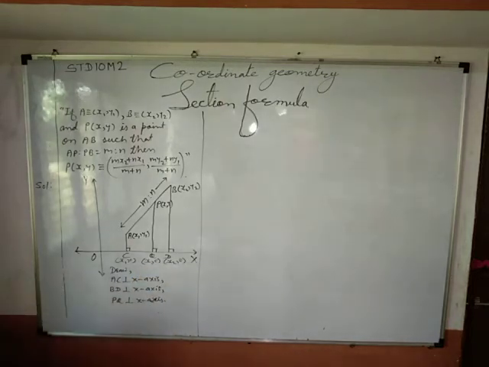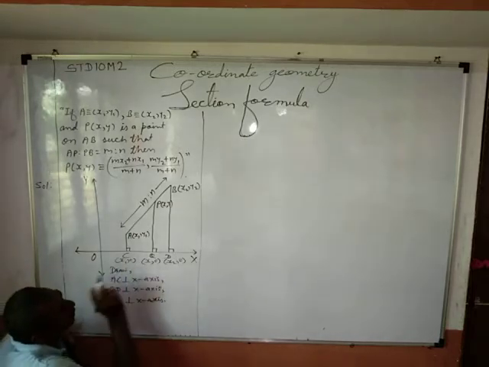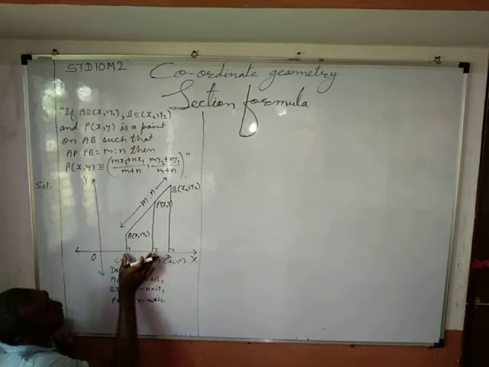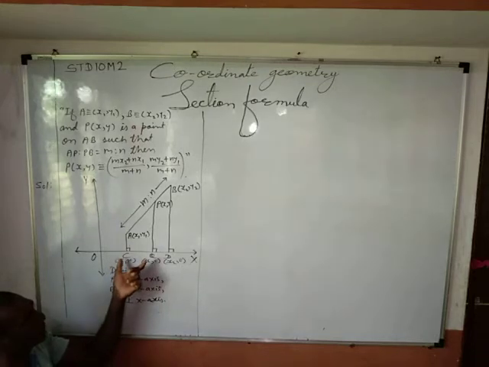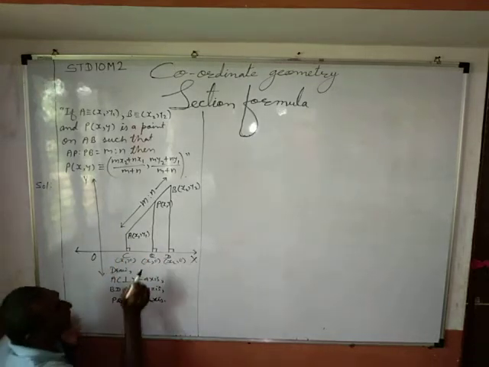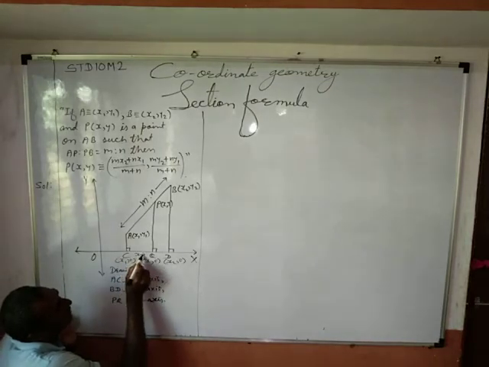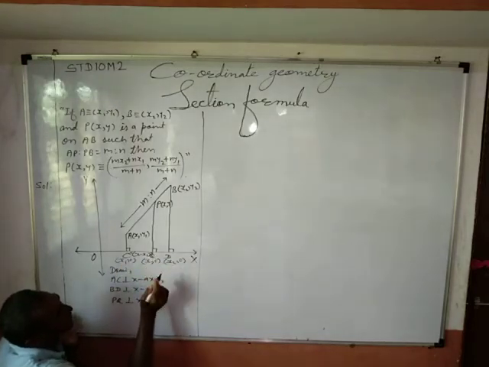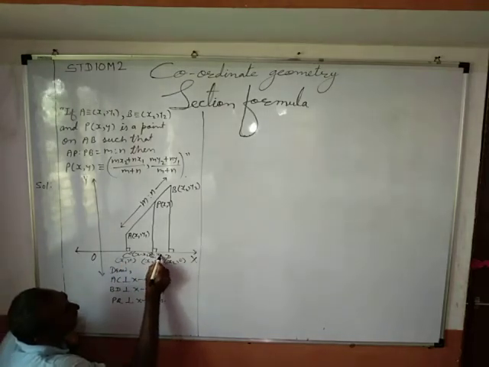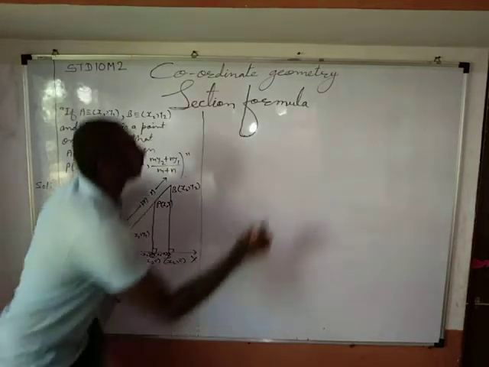(x, 0). Okay. Now, here you may note CQ is the distance between C and Q on x-axis, and we know that distance between any 2 points on x-axis is the difference between their x coordinates. Therefore, distance CQ will be x minus x1. Similarly, distance QD will be x2 minus x. Okay. Now let's mention these things.